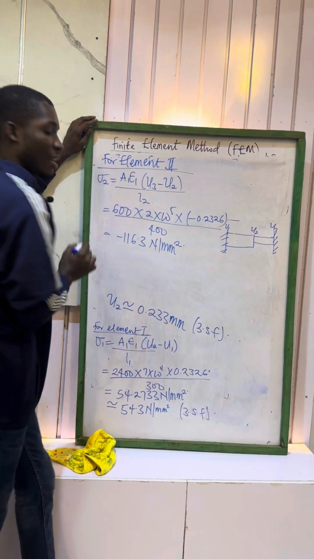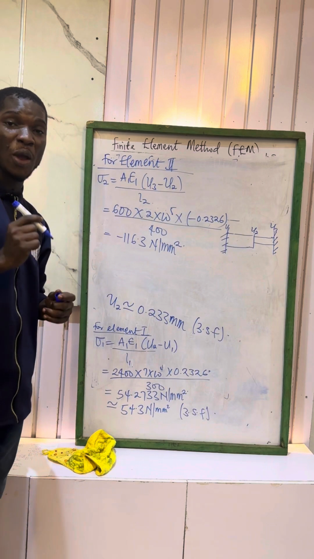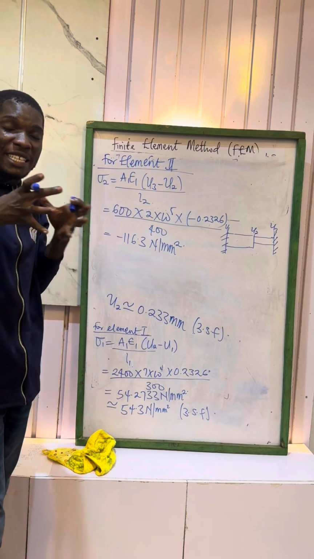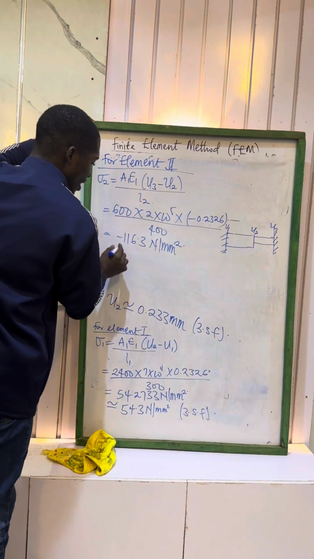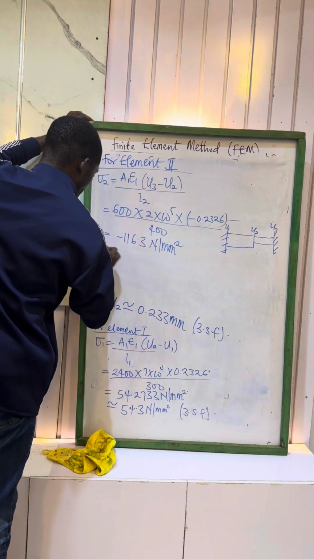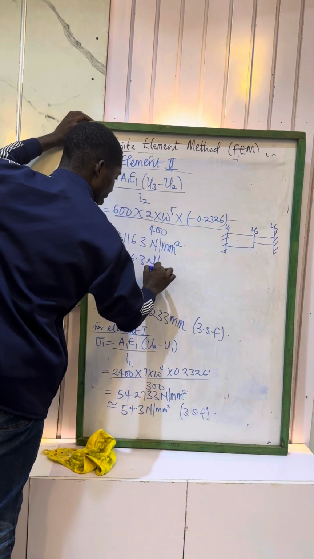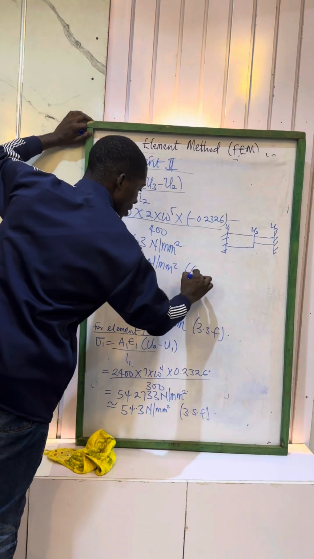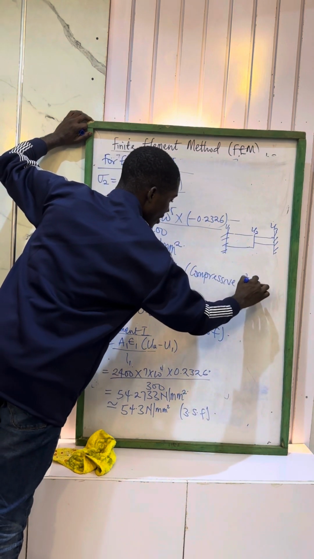Now, I said something the other time. This is minus. Now, stress as well, we also have a compressive stress and a tensile stress. So, because we're having minus here, it simply shows that this is a compressive stress. So, sigma 2 equals 116.3 Newton per millimeter squared, which is compressive stress.